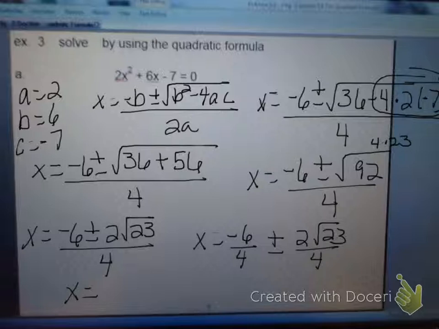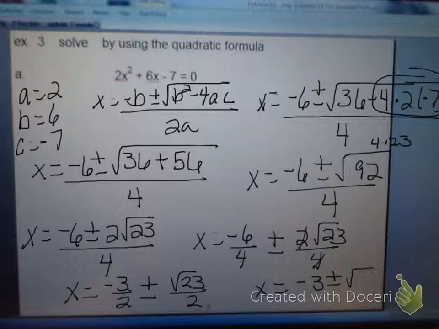Negative 6 over 4, that's negative 3 over 2, plus or minus, and 2 goes into 4 2 times, so that's square root of 23 over 2. You can leave it like that, or it's also written back over one denominator: negative 3 plus or minus the square root of 23 over 4. Either answer is acceptable, and you need to know that that is the same thing.